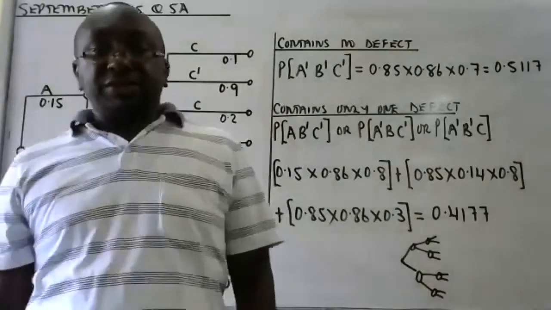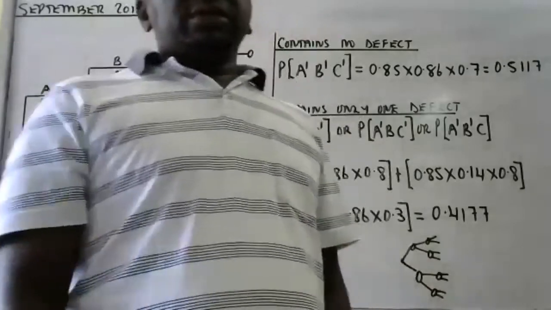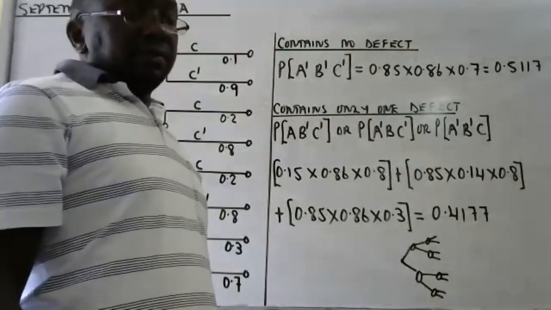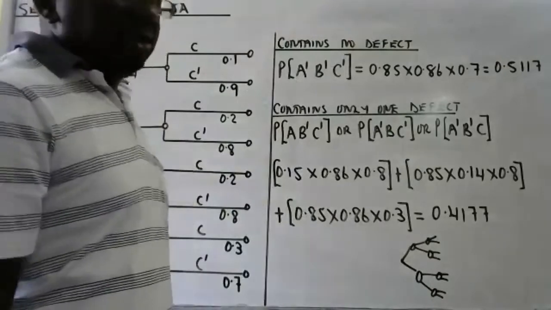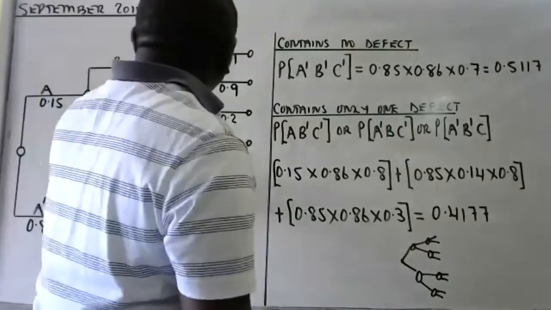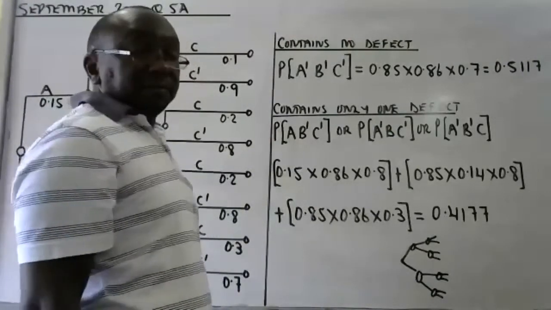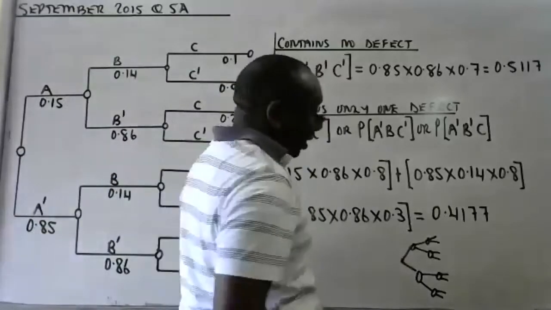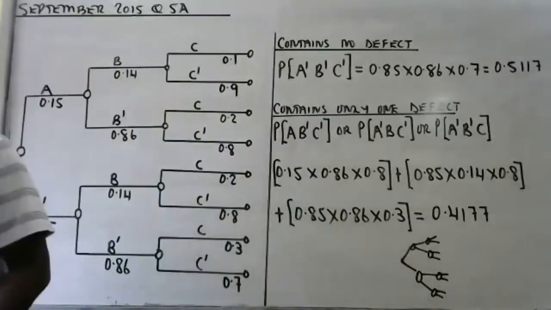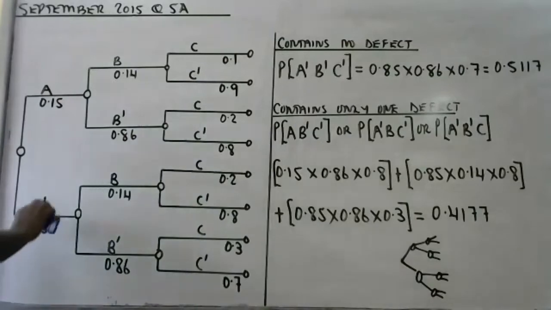That is the sketch. Now, looking at that sketch, you will see it is exactly like this one that we had. So we will draw a tree that is similar to this.